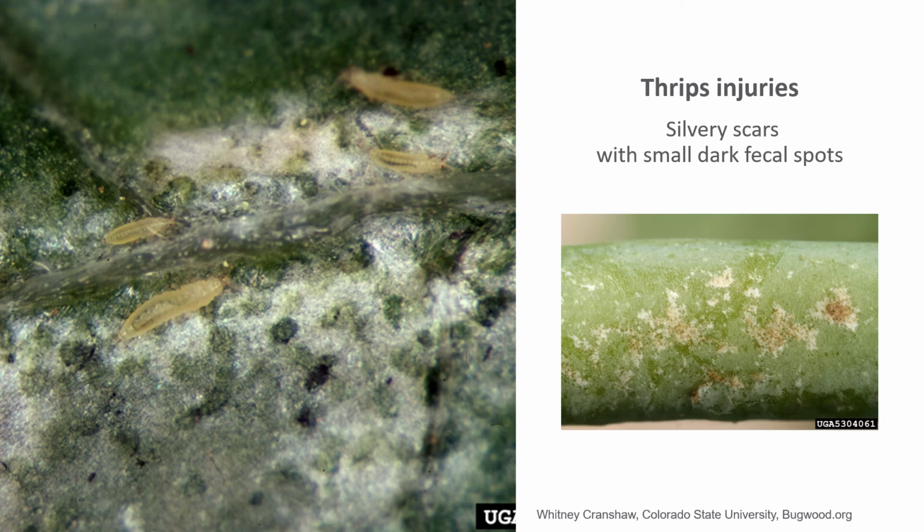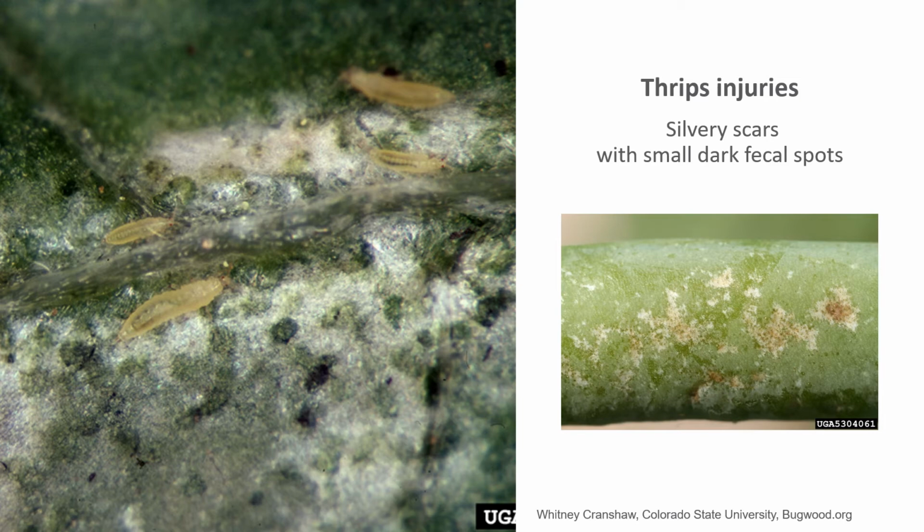How thrips feed is through a rasping mouth part, and they'll scuff off the surface cells of the plant, leaving a silvery trail behind, as you see here on the left. They also leave tarry-like waste material, these fecal spots that they leave behind.